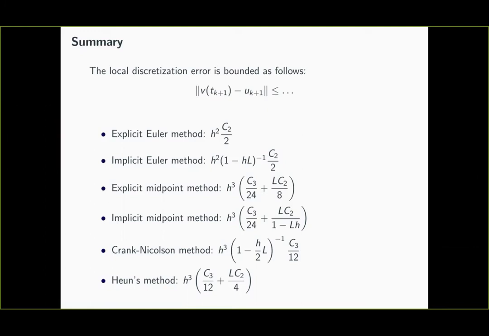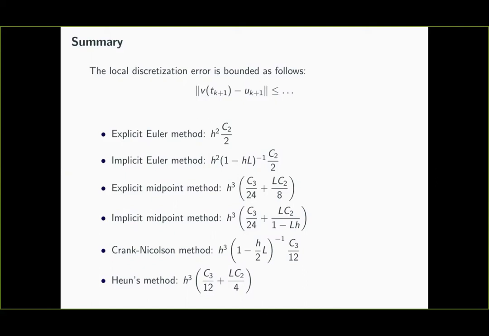What matters, however, are the powers of h, and those I would like to discuss briefly. So the explicit Euler method and the implicit Euler method are comparatively easy numerical methods. Their local discretization errors are bounded by a square power of h times some constant, which nobody cares about actually. So as h goes to 0, the local discretization error is going to converge to 0 quadratically, by order 2.